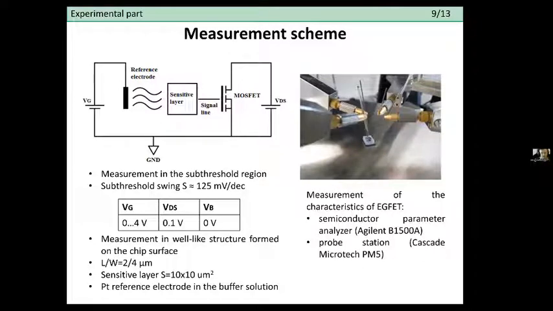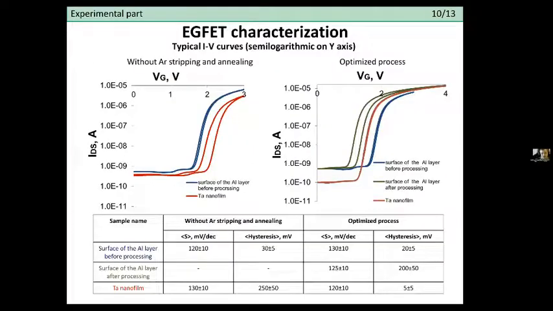The measurements were done in the subthreshold region because measurement in this region is more sensitive to changes in surface potential than measurement in the strong inversion region. So the main characteristics of interest to us are hysteresis and subthreshold swing, which should not be worse than the original structure.